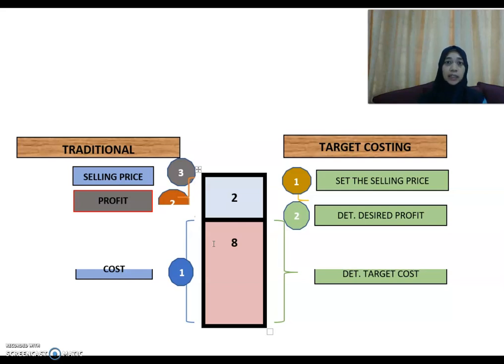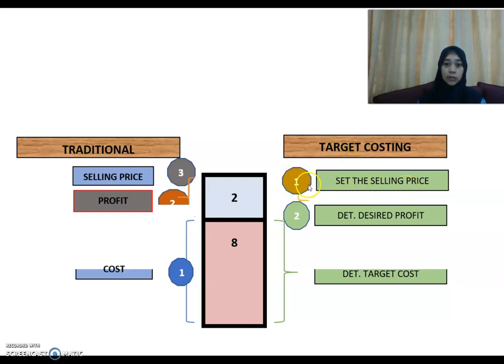So if I sell at 8, then I'm not making any profit. So the first step that you do with target costing is that you do market research in the niche area where you want to sell your product. And then you set the selling price based on the market research that you have conducted. You find out that the selling price is 8, for example.